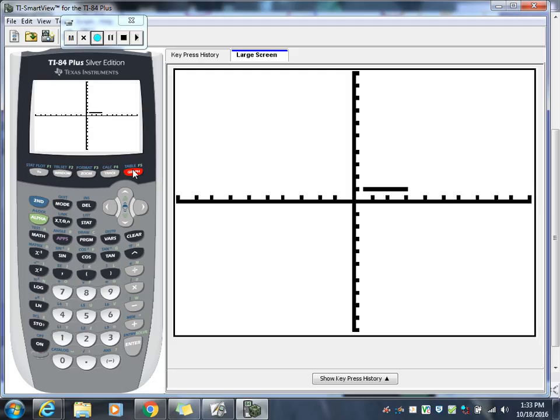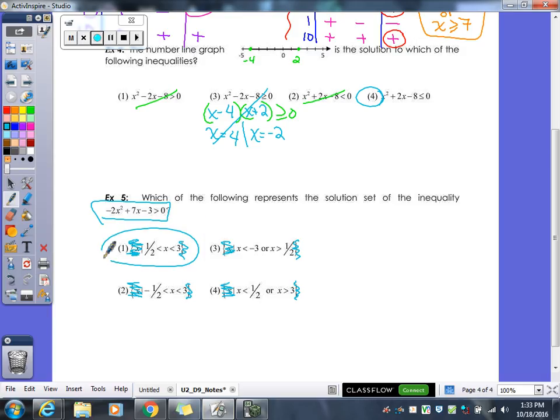So where does the graph start? It looks like it starts at about a half, because it's not quite 1. It's definitely not at 0, so it starts at a half and it ends at 3. So that means that one was choice 1. I had a lot of people choose choice 4. You would have had the shadings going separate if it was choice 4 because of the or. It goes separate. Yes?